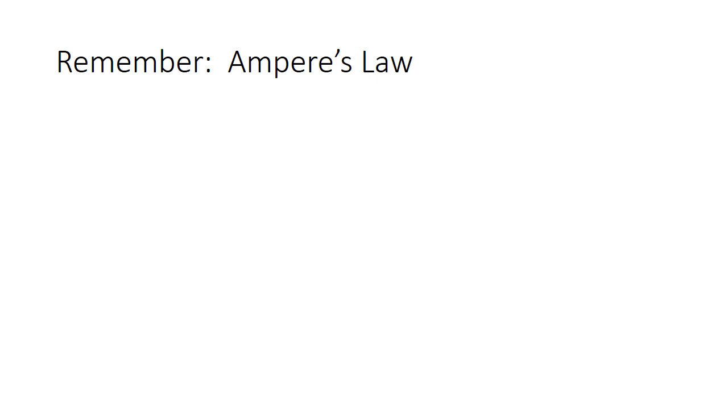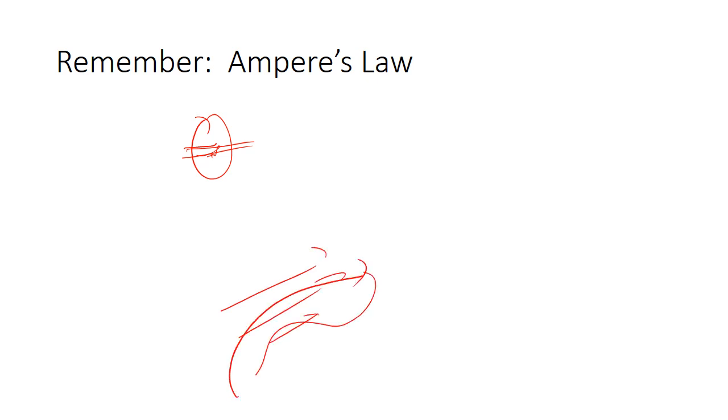Okay, so remember Ampere's law. You've got some current here, and it makes a magnetic field. Anywhere you have a magnetic field, if you go through the magnetic field on a closed path, the magnetic field is going to be going one way, then the other way.